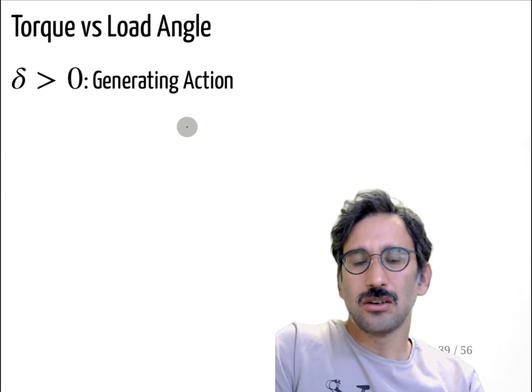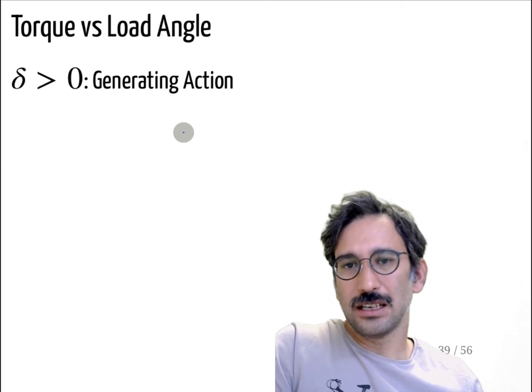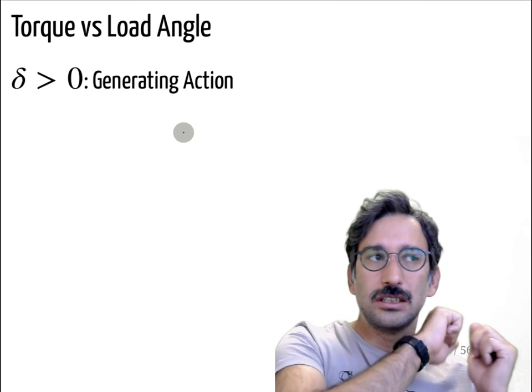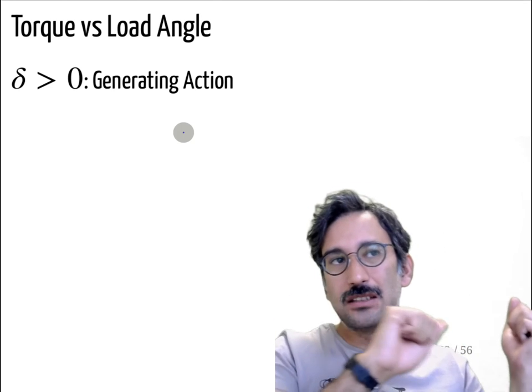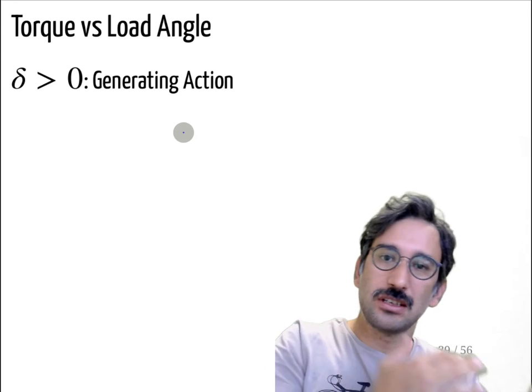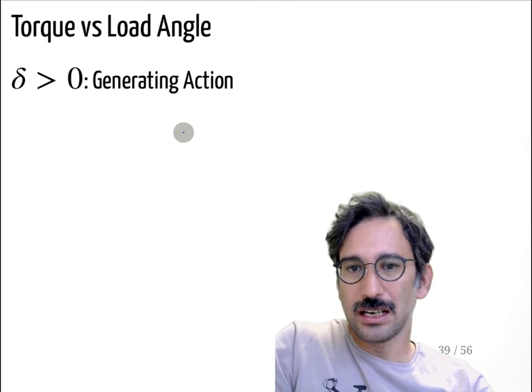So that is operating in the generating action, or you can think as if the rotor is moving ahead of the stator. So the rotor is pulling the stator, so it is transferring power in that direction. So it is the generating action.